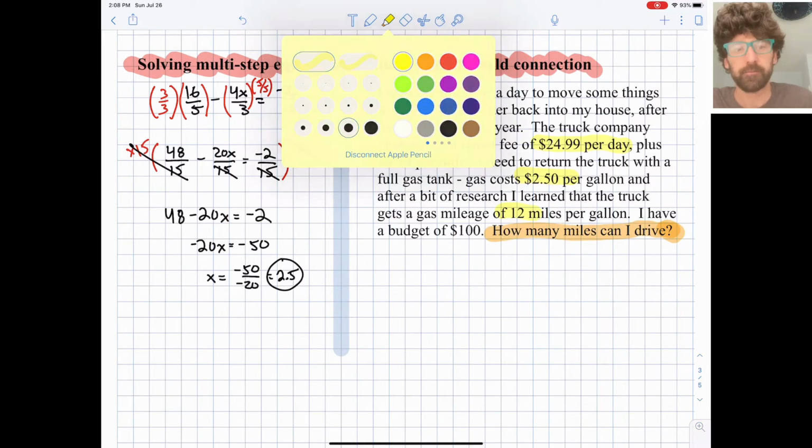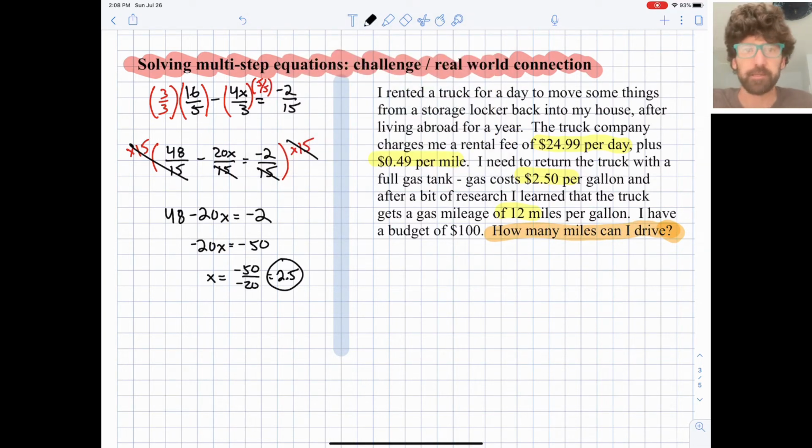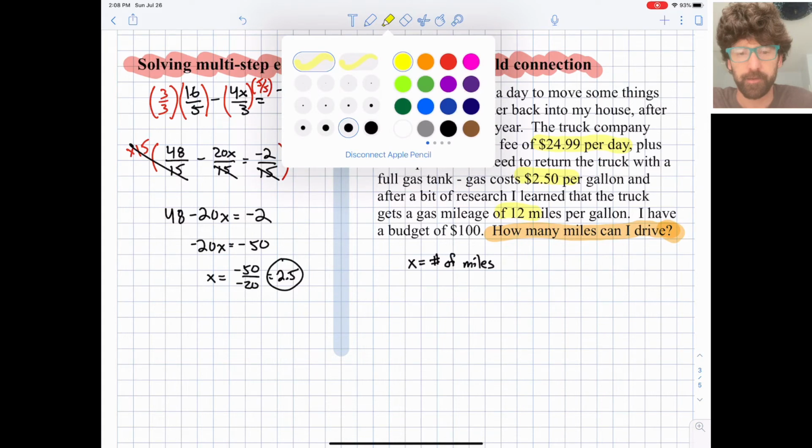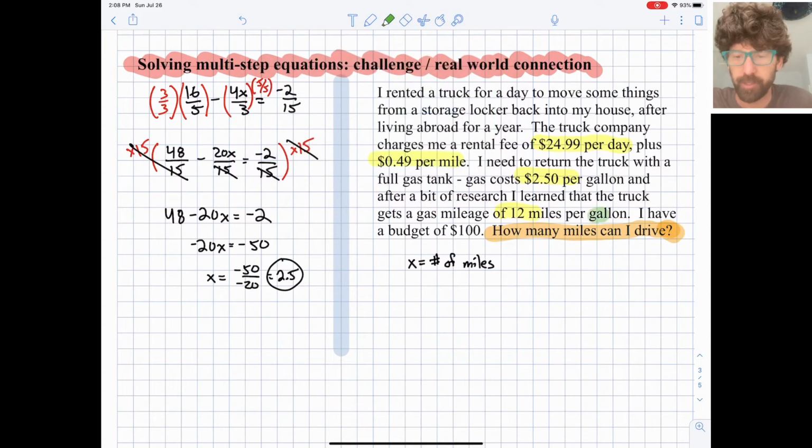And that tells me what my x is going to be. x is what I don't know. x is what I'm being asked. x is number of miles. All right, and the other challenge here is a couple things in gallons, and then a couple things in miles as well. And this is mileage per gallon, 12 miles per gallon. So again, these overlapping units.